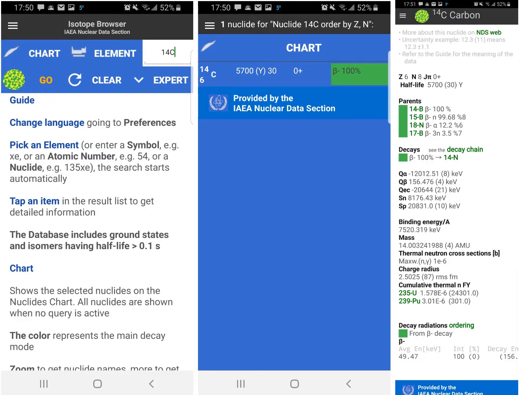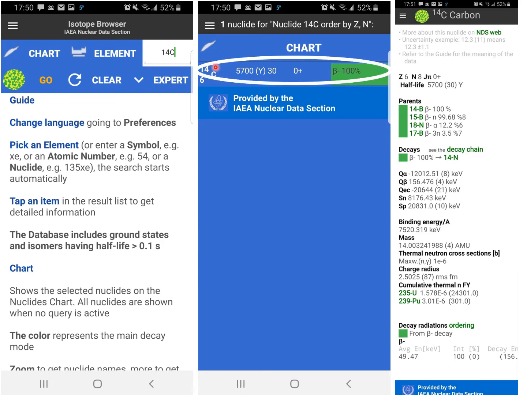If you had the Isotope Browser, the first thing you'd want to do is select the isotope you're interested in. So here is carbon-14 listed. You would then select Go, and that would bring you to this page.